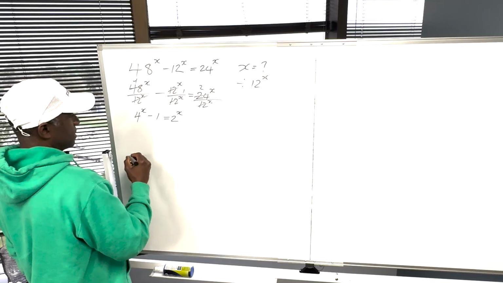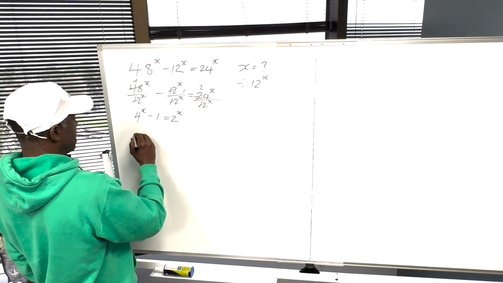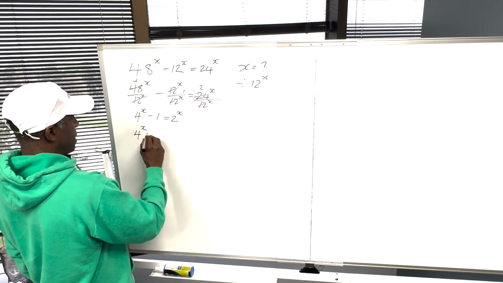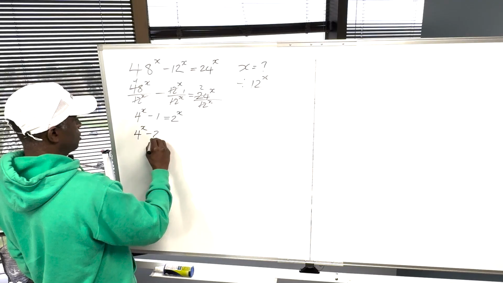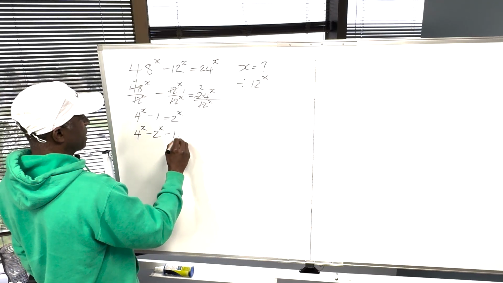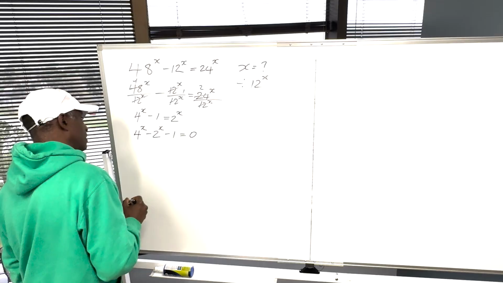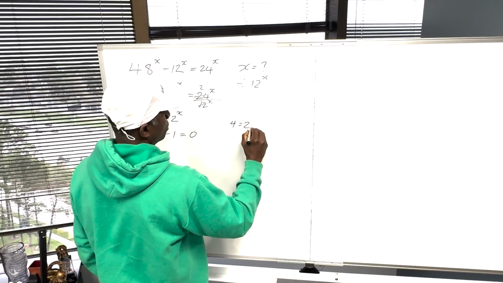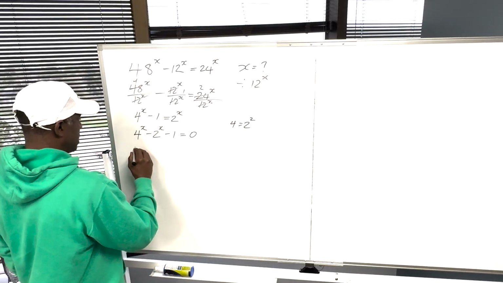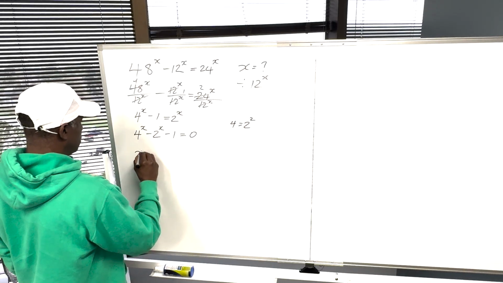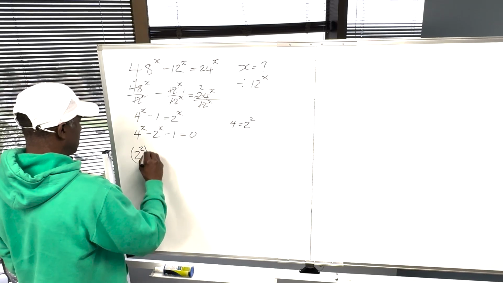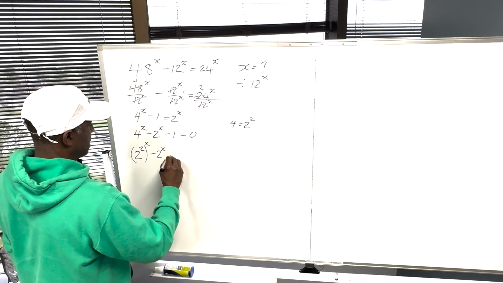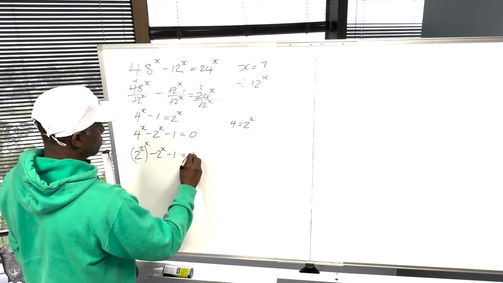All right, so let's work with this one more time. Let's say 4 to the x minus 2 to the x minus 1 is equal to 0. We know that 4 is equal to 2 squared. So let's say 2 to the 2 to the x minus 2 to the x minus 1 is equal to 0.